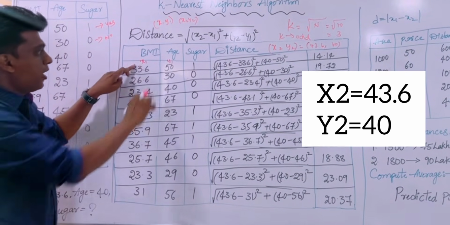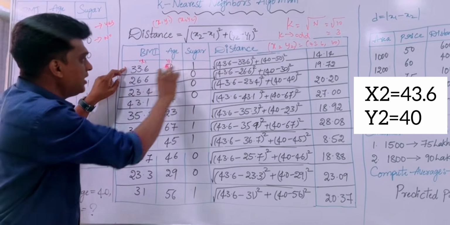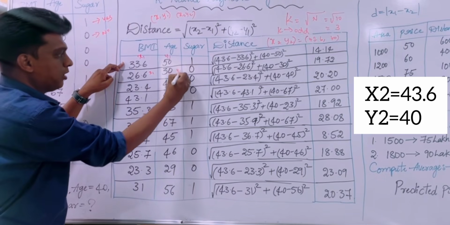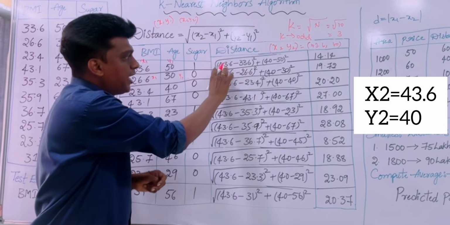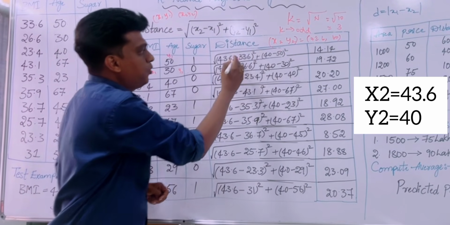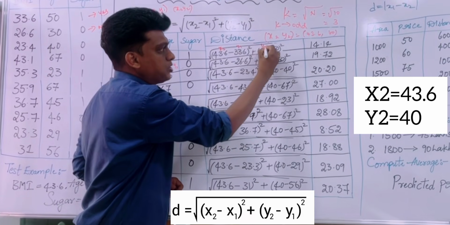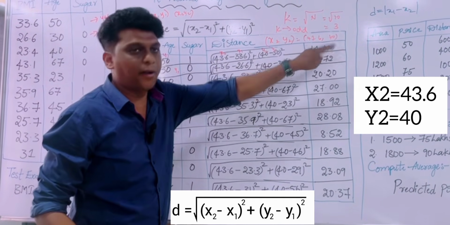For all the conditions only x1, y1 is going to change. Likewise it will go on. So first we implement x2 minus x1 the whole square plus y2 minus y1 the whole square, and now we are getting 14.14.